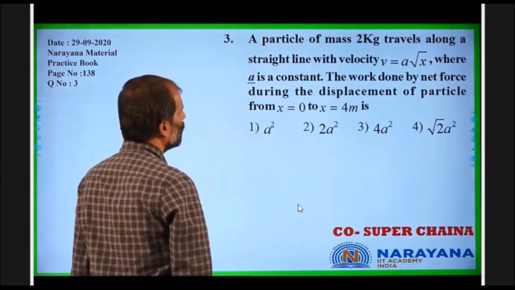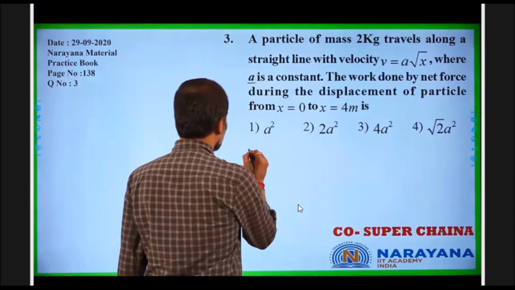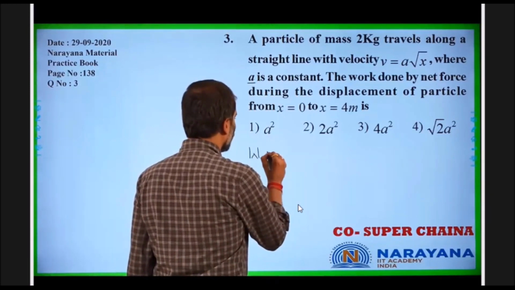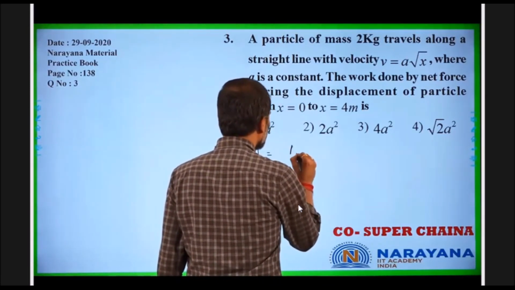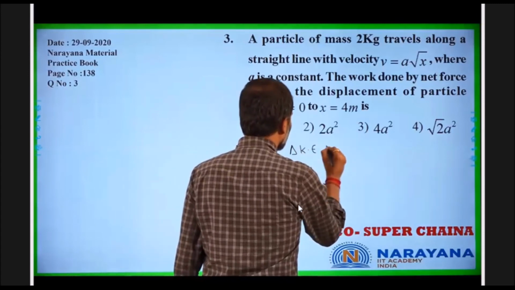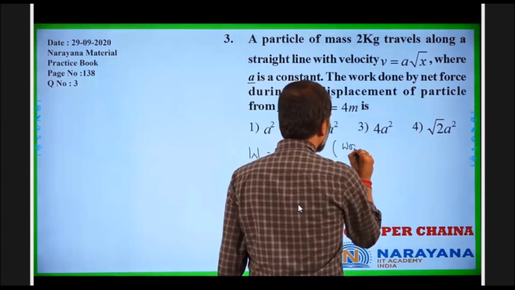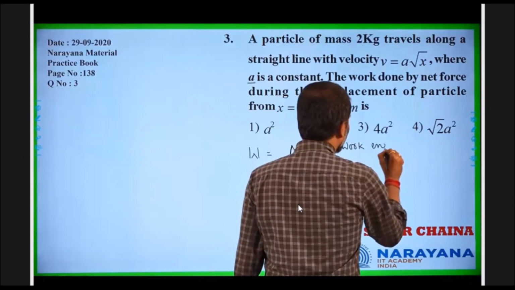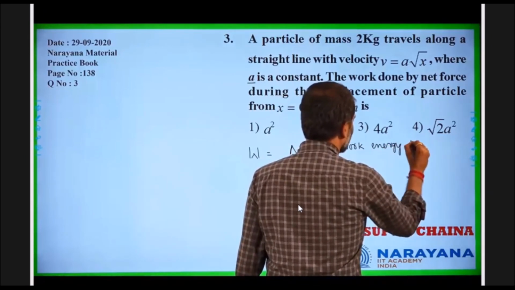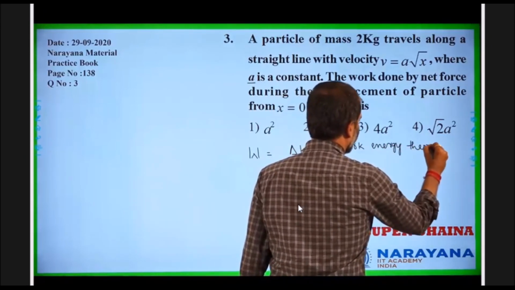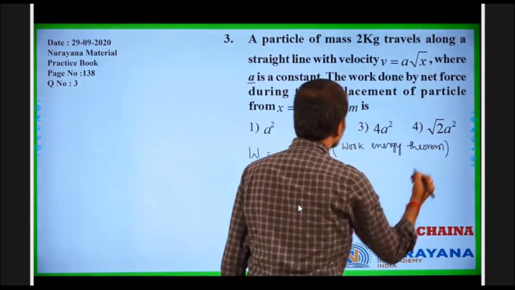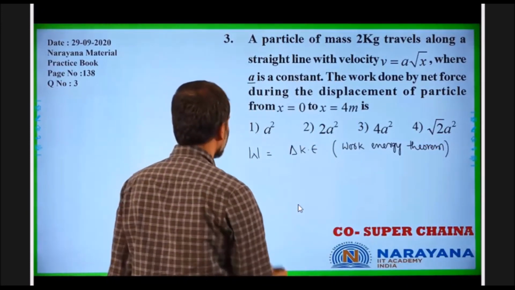Right. So now here we would say that work done would be equal to change in kinetic energy. This is according to the work energy theorem. Work done by a constant force is equal to change in its kinetic energy.